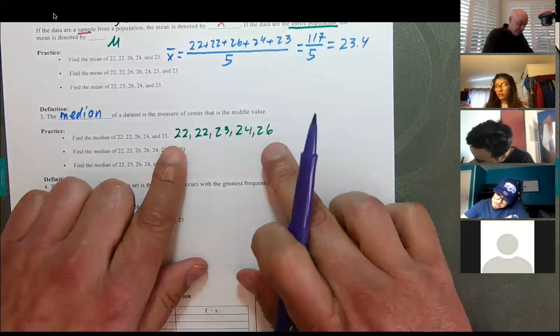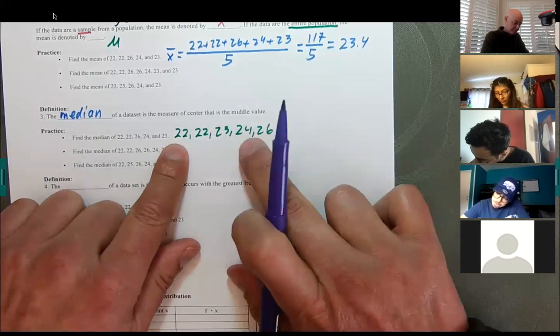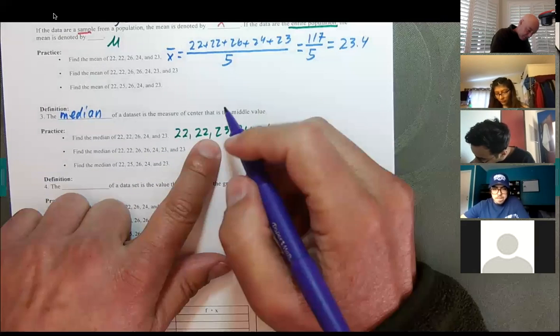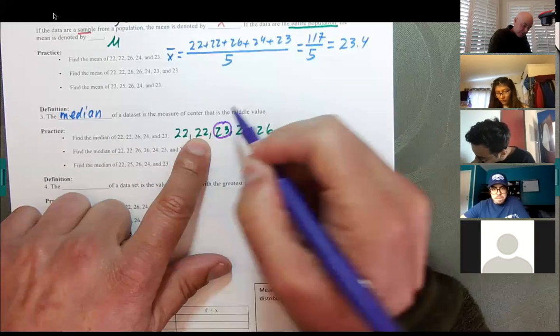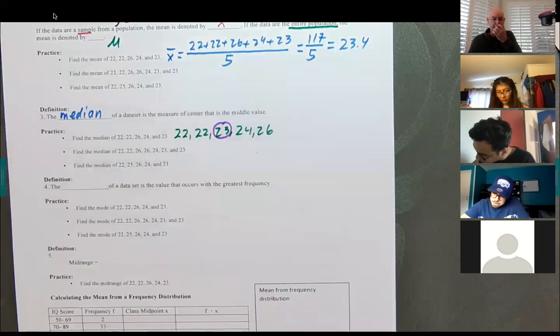Now, here's how we find the median. I start on the outside and I go in one and I keep going until I come to the middle. 23 is the median in this data set.